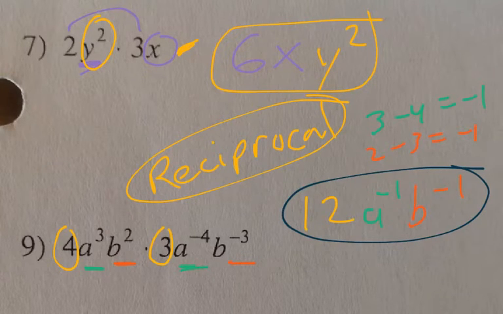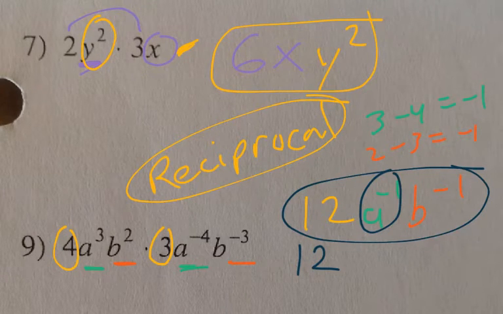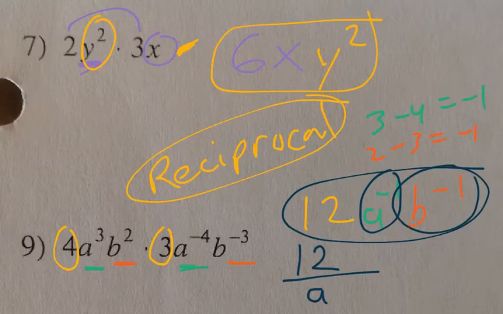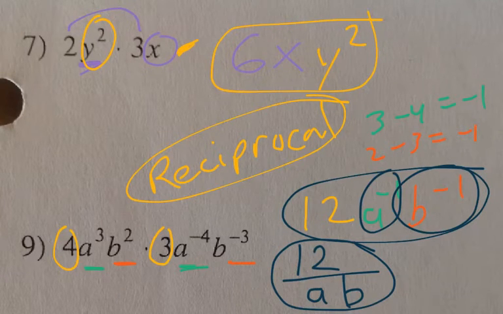Okay? So coming back to the problem, I have a regular 12. And this a right here, because of the negative 1, means I'm going to flip it down. I'm going to do its reciprocal. And same with the b^-1. I know the b comes down, and I have a regular b in the denominator. And so this is the preferred answer with positive powers and no negative powers.